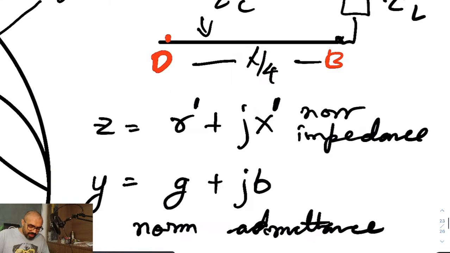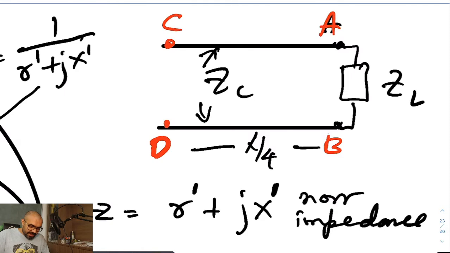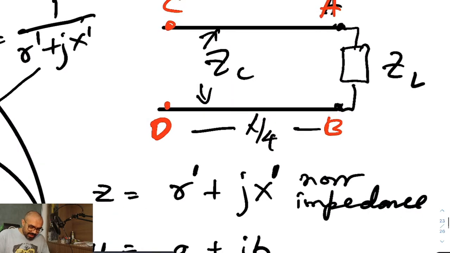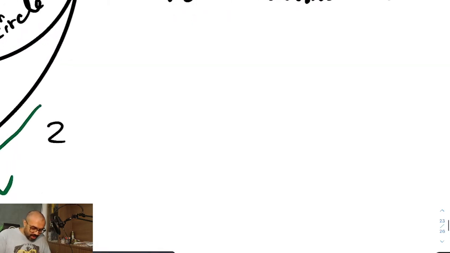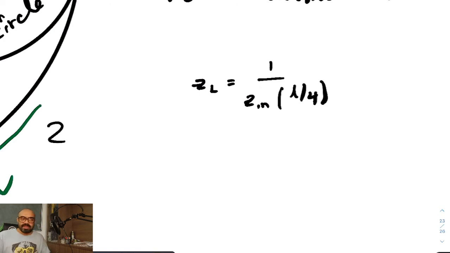If you go through the formulae, you can realize one thing: the z measured at a distance of lambda by 4 and the load have a dual relationship. If the normalized load value is little zl, the zin measured at lambda by 4 is going to be the reciprocal of that.